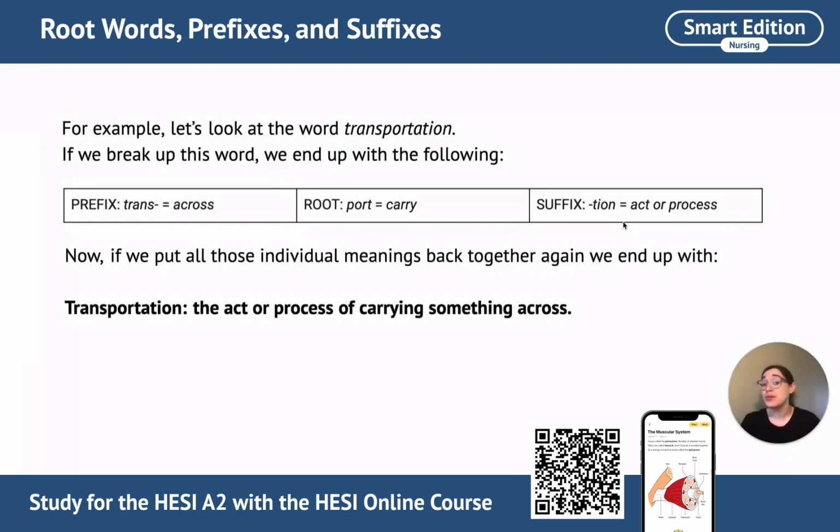So putting all those individual meanings back together again, what we would end up with is a definition that's very close to what transportation actually means, the act or process of carrying something across. So being able to break that word down into its parts helps us correctly guess at its meaning.